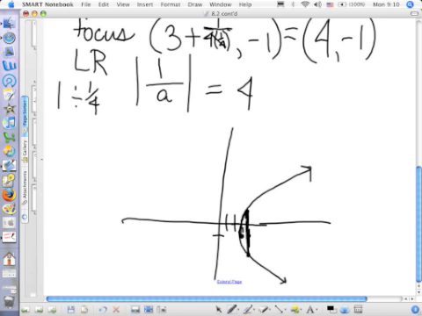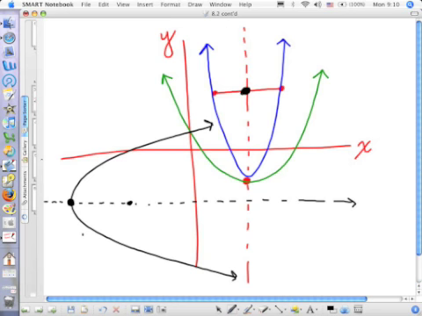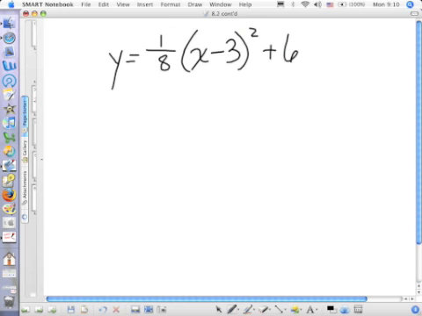Like say the LR was 5. Then you'd go up 2.5 units and down 2.5 units and put your 2 points. Let's do another one. The focus is the midpoint of the LR. It's directly in the center.